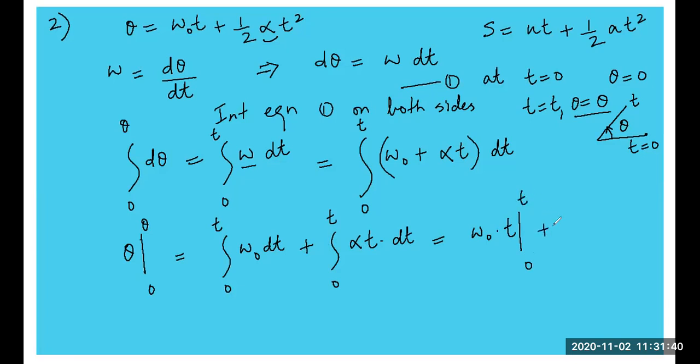Very right. Plus here angular acceleration alpha will come out. And what is the integration of t? Remember, integral of x raised to power n dx is equal to x raised to power n plus 1 divided by n plus 1 plus constant of integration c. But if it is having lower and upper limit, c will cancel with c.